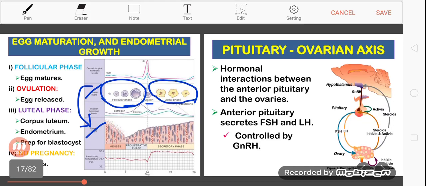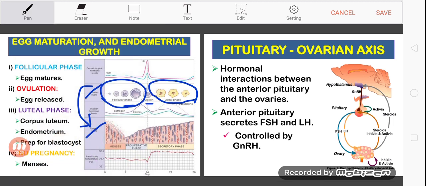Continue on hormonal regulation. In order for the follicle to develop, the initiation of folliculogenesis, there are certain hormones that initiate it. This is the hormonal interaction between the anterior pituitary and the ovaries.